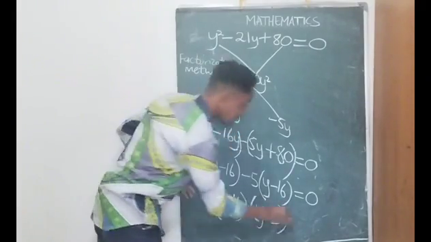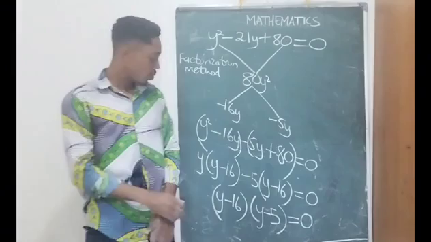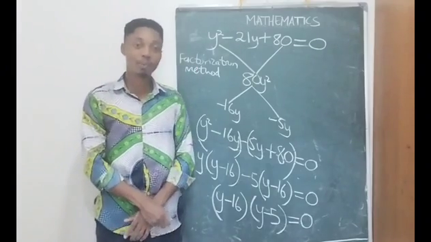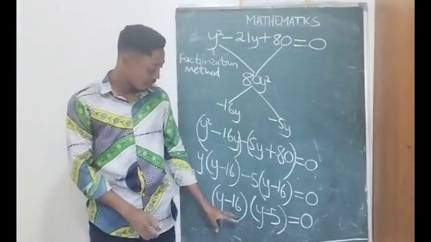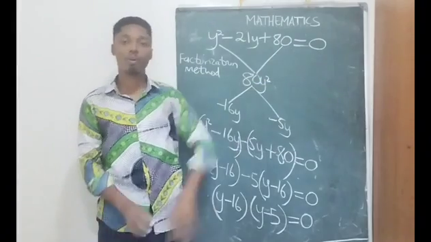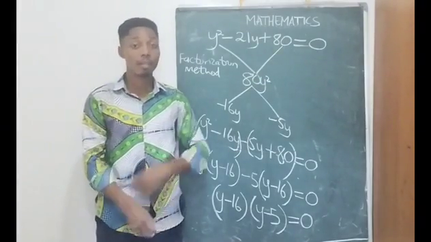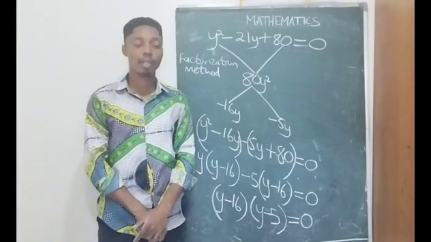Y minus 5 equals 0. So at this point, you would agree with me that these are the factors of y squared minus 21y plus 80. Let's get to the solution. Remember, we are going to have two answers.